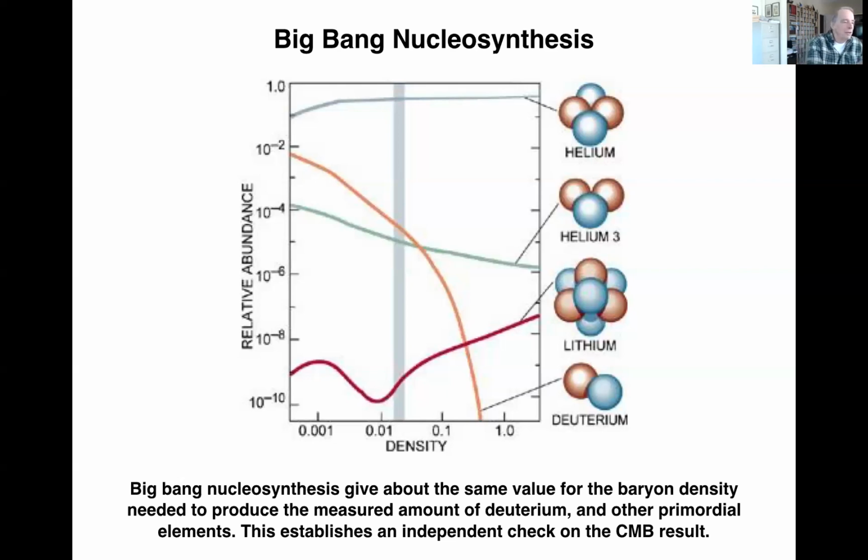And you get this gray vertical stripe. The deuterium abundance that you measure puts the baryon density within that gray stripe. So that's an independent check on the CMB results.